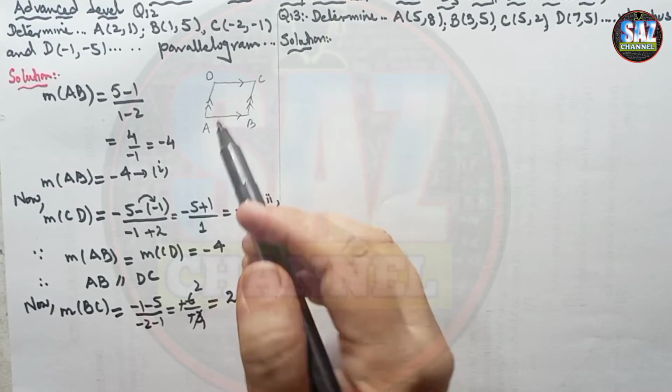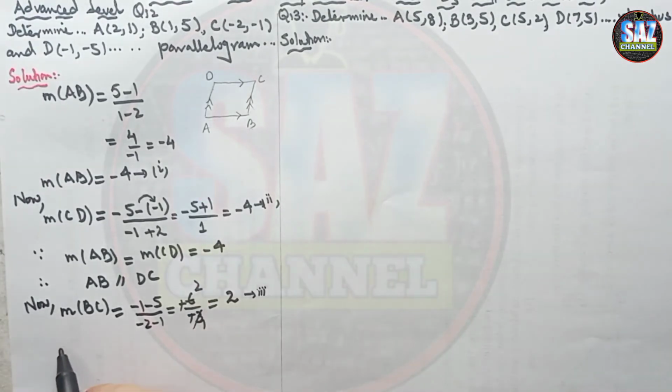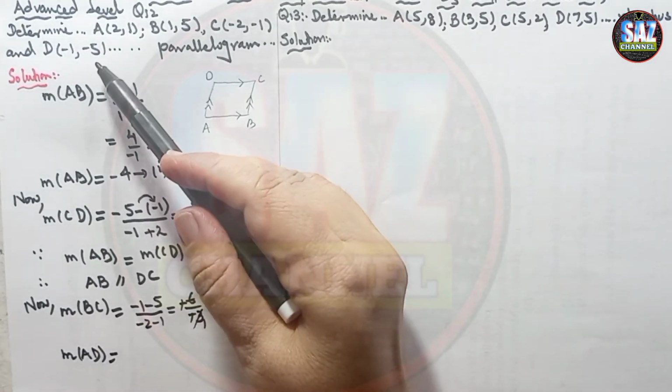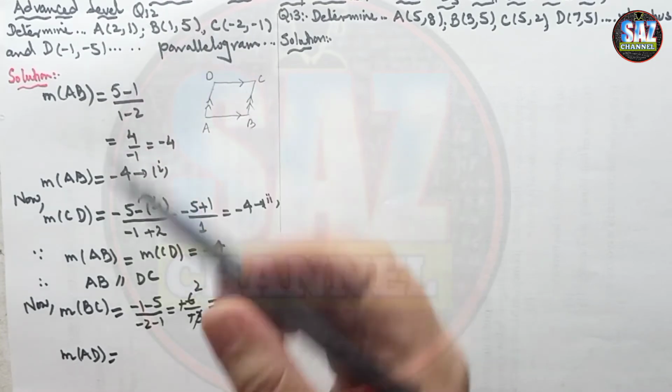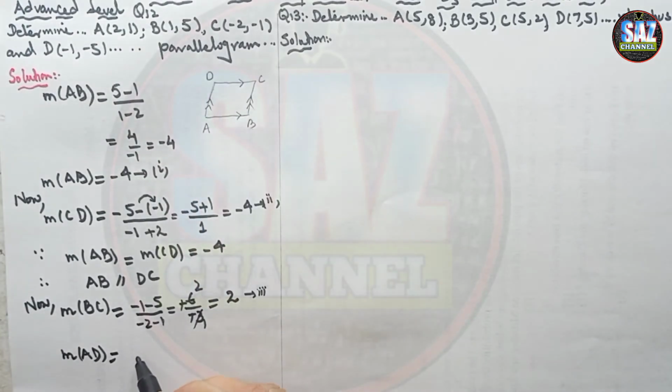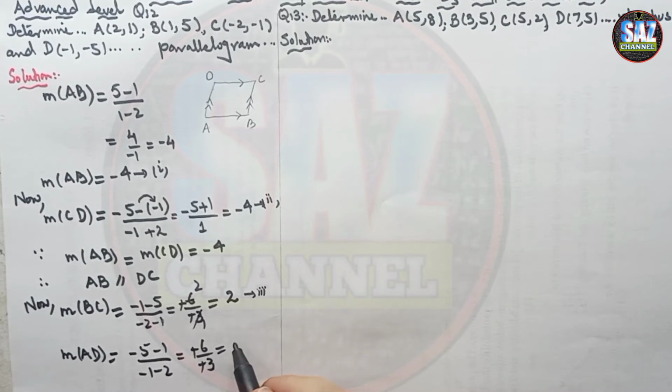Now gradient AD, we have to take the coordinates of D and A, y2 minus y1, that is minus 5 minus 1 upon minus 1 minus 2, which will give me minus 6 upon minus 3, and again this will give me 2.